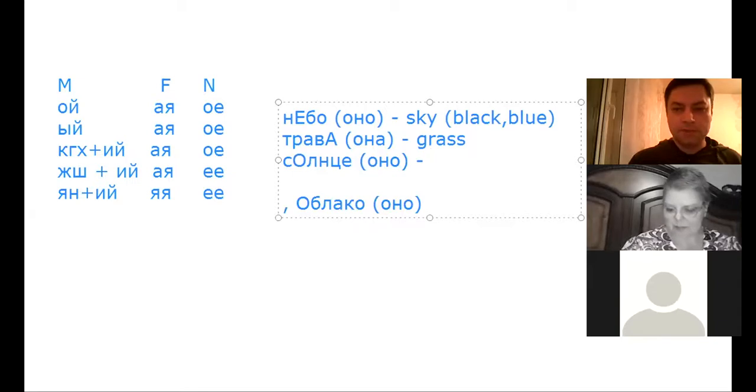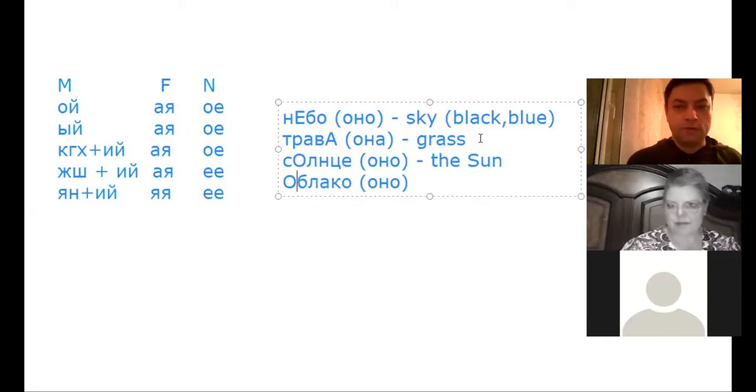It means the sun. And sun can be either yellow or it can also be red during sunset or sunrise. Finally, the last word would be облако, облако, and it means cloud, cloud in the sky. And the cloud can be white.